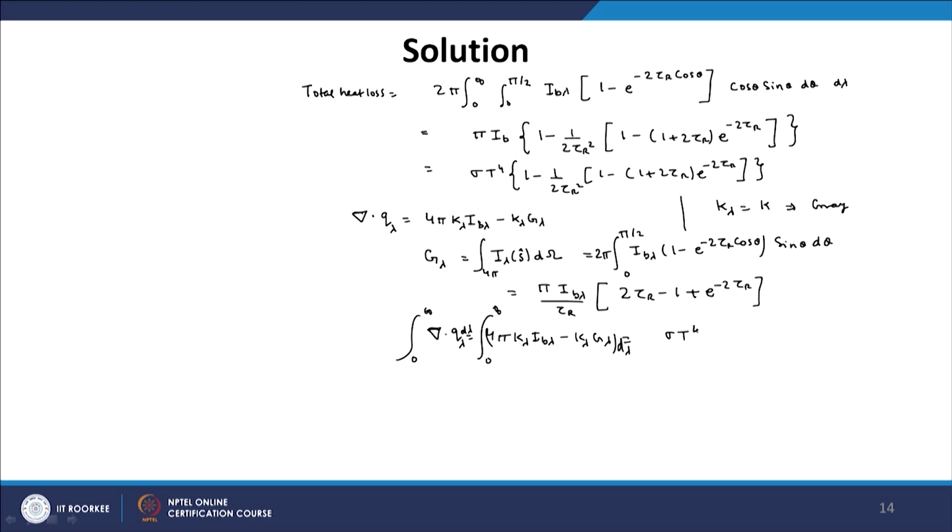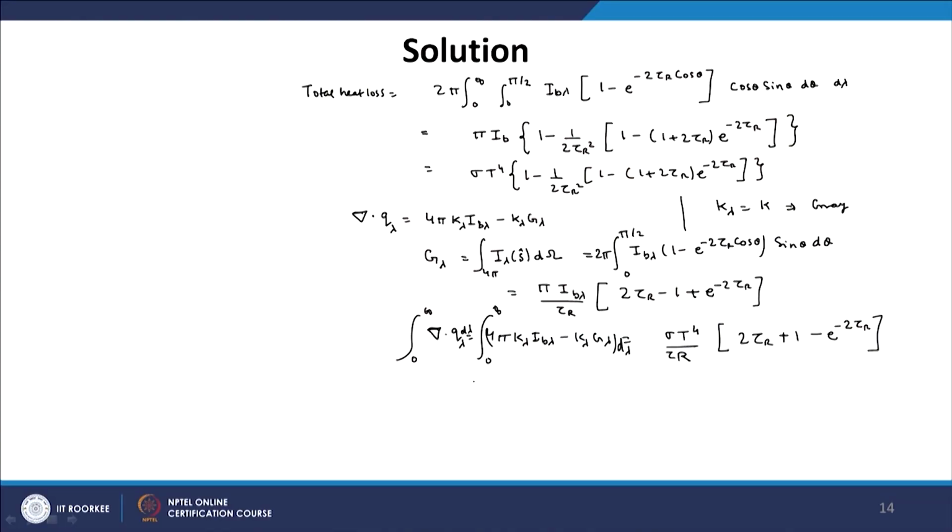So, this will be equal to sigma T power 4 by tau r, times 2 tau r plus 1 minus e power minus 2 tau r. Okay, so this is the expression for the radiative heat source term integrated over the entire spectrum at any location on the surface of the sphere.